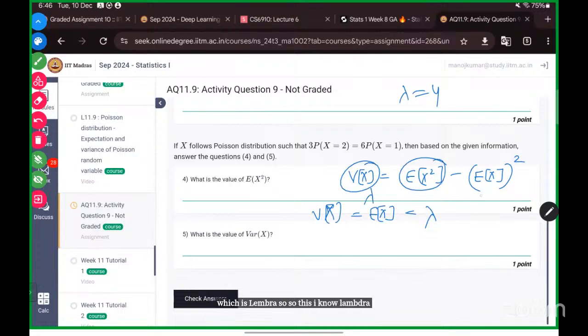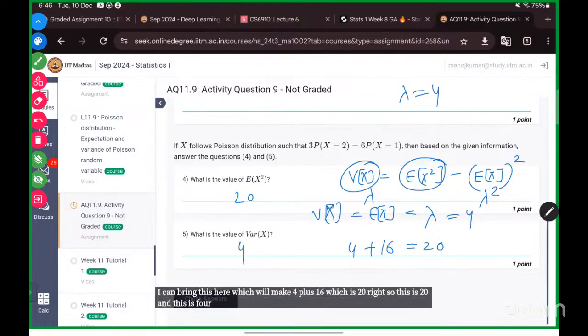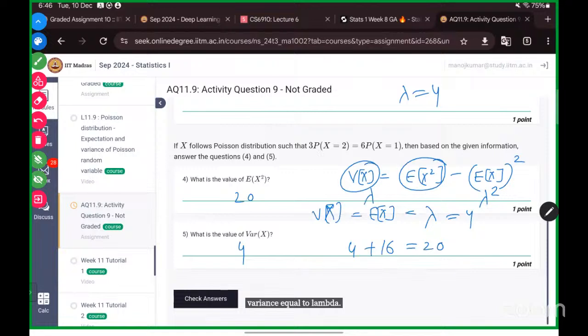This I have to find, and this is lambda square, and lambda value is 4, right? So from this I can bring this here, which will make 4 plus 16, which is 20, right? So this is 20 and this is 4. Variance equal to lambda. Fine.